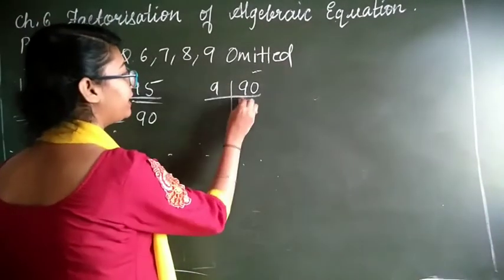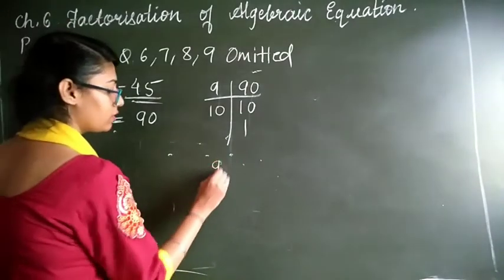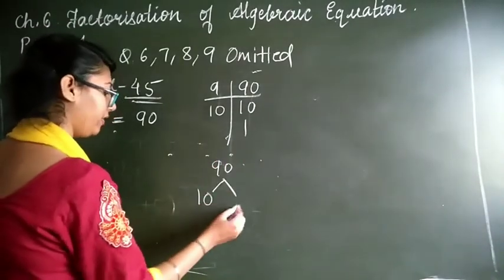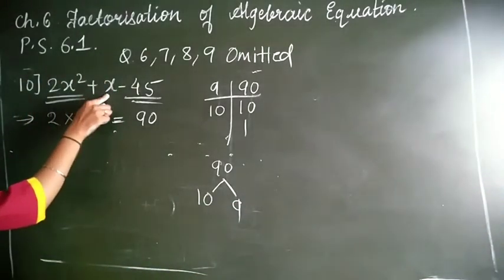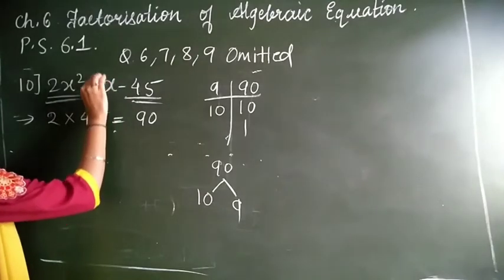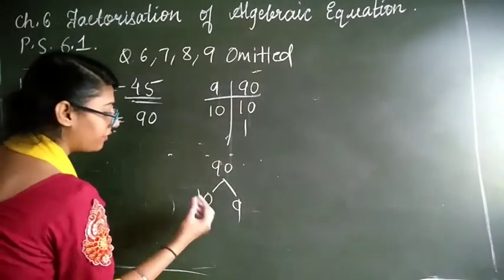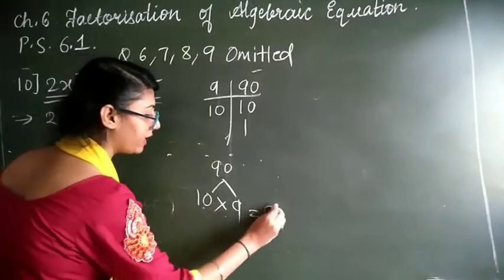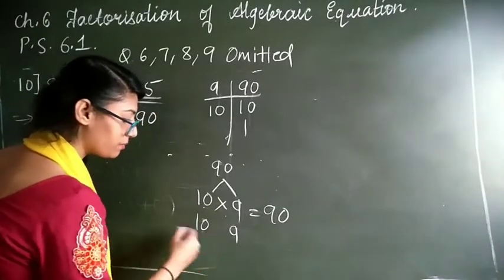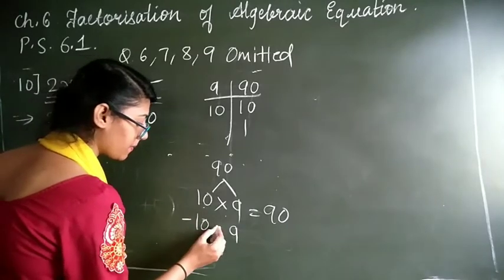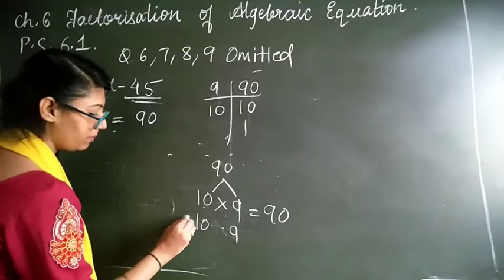So we will take 9 tens are 90, 10 nines are 90 and plus 1. This has only x, no coefficient, which means it is 1x. So we want plus 1 after adding. 10 into 9 will be 90 and here we have to subtract the terms.